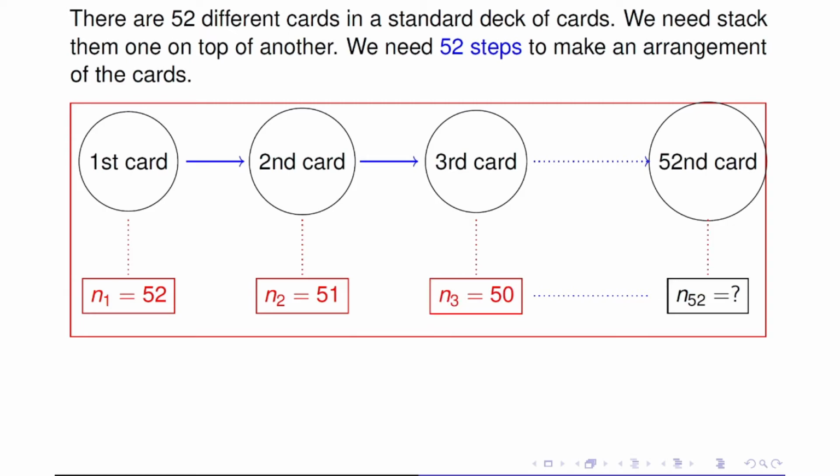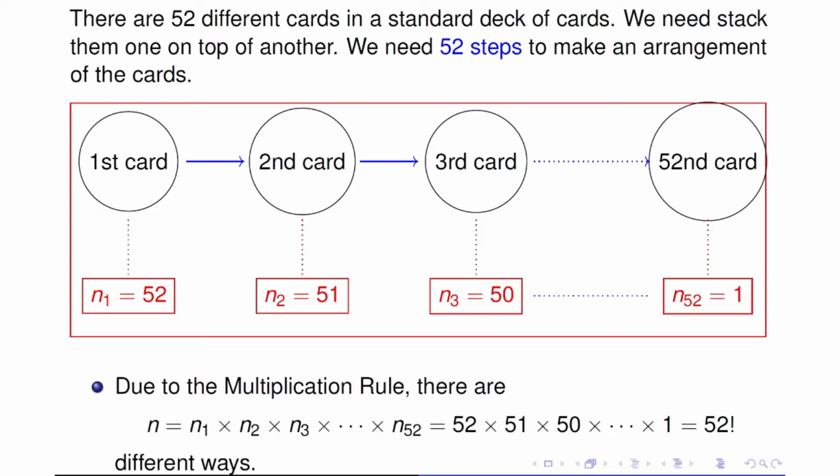If we continue this process to the very last card, n52 is going to be just 1. So this arrangement consists of 52 steps, one after another. Due to the multiplication rule, we have n equals n1 times n2 times n3 times till n52, that is 52 times 51 times 50 times till 2 times 1.